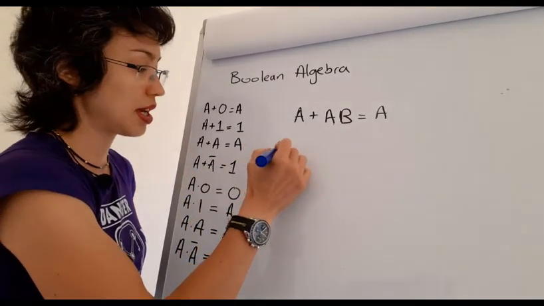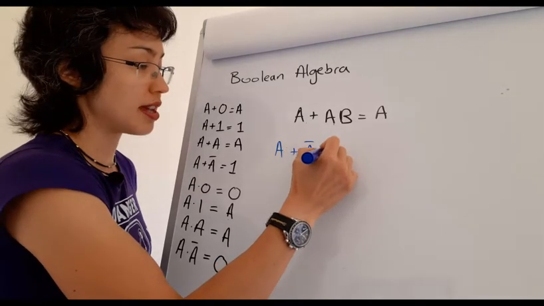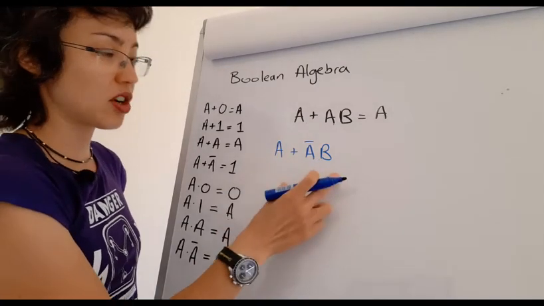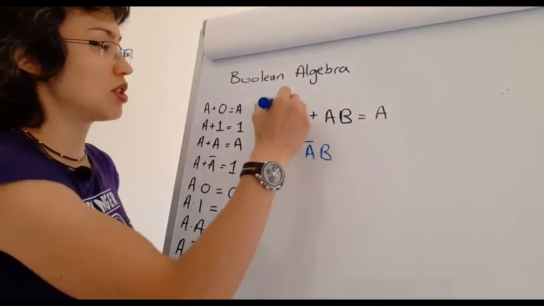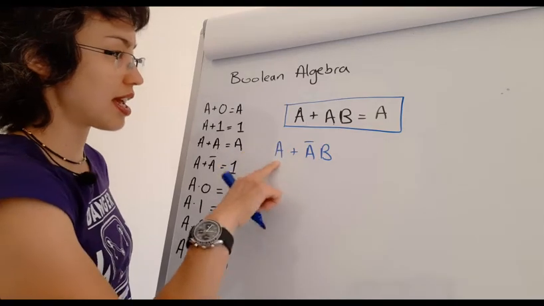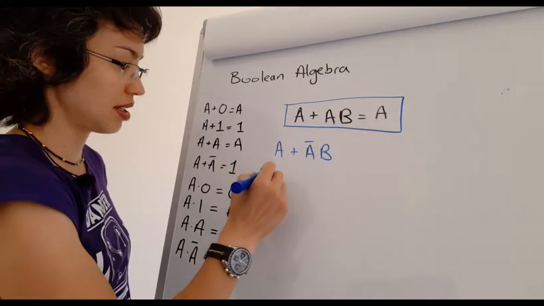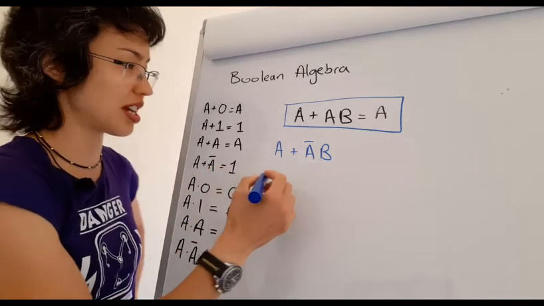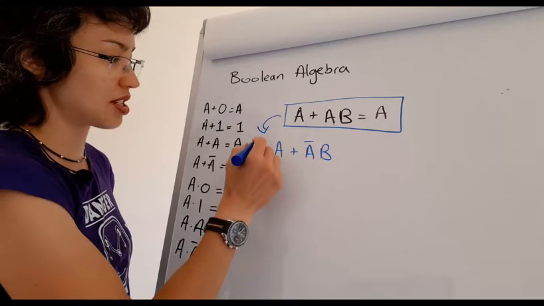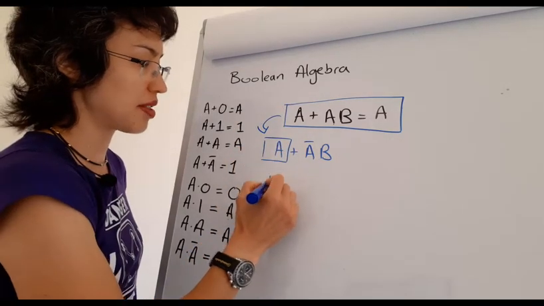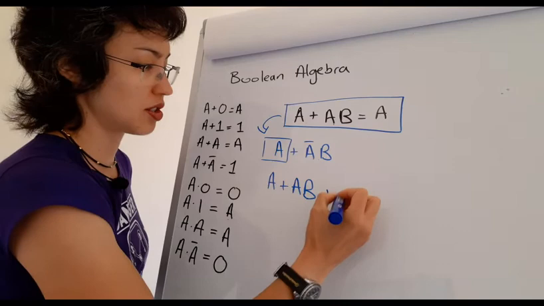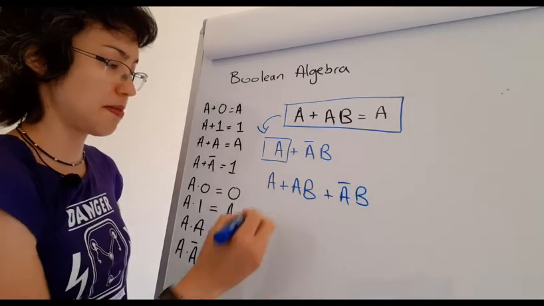So another example, A plus not A, B. If we want to simplify this, well, this time I don't have a common term. But actually, if I use this rule that I just proved, I can write A in terms of this here. And yeah, this doesn't look like simplification, right? Because it actually looks like I'm making it more complicated, but it drops out nicely. So if I use this and substitute A here, then I end up with A plus AB, so I write that instead of A, plus not A, B. Okay?